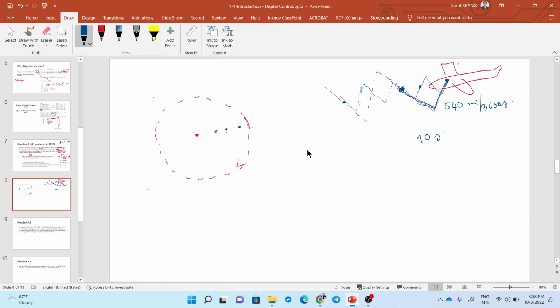But when you express the frequency, the total period should be... is this the period? No, this is not the period. This is a half period. So actually the total period is 40.